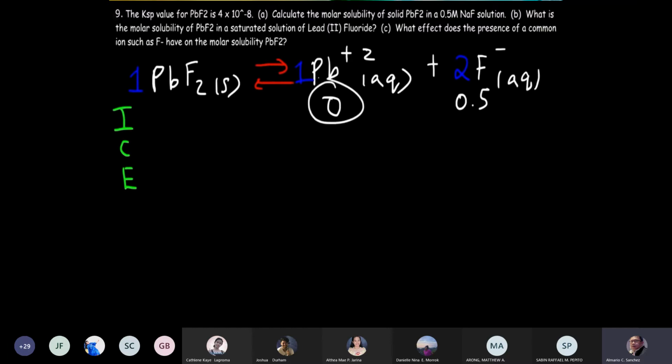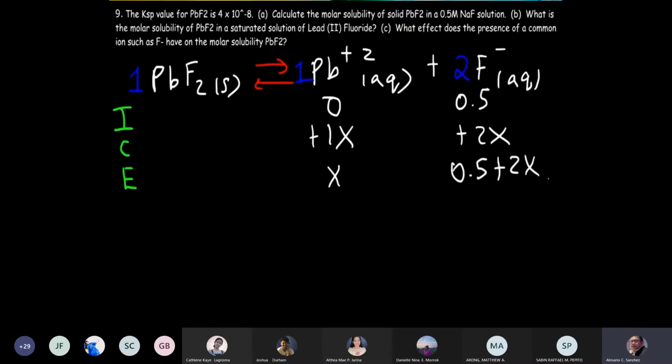Now, because the concentration of lead is 0, the reaction has to shift to the right. So Pb will increase by x, or basically 1x, and fluoride will increase by 2x due to the 1 to 2 ratio that we see here. So in equilibrium, the concentration of Pb plus 2 is x, and fluoride will be 0.5 plus 2x.